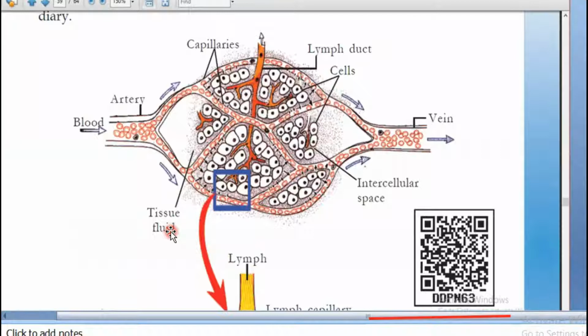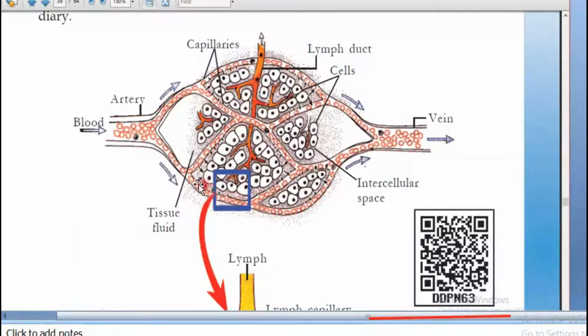It does not contain RBC, large protein molecules, and platelets. So exchange of materials takes place between the tissue fluid and cells. Tissue fluid is absorbed into the blood and lymph capillaries.